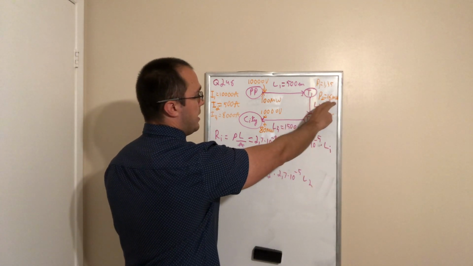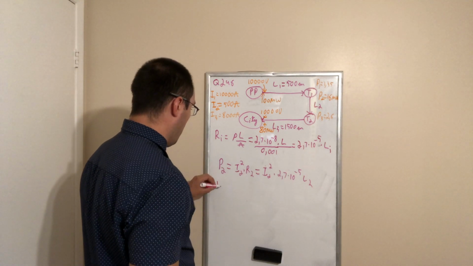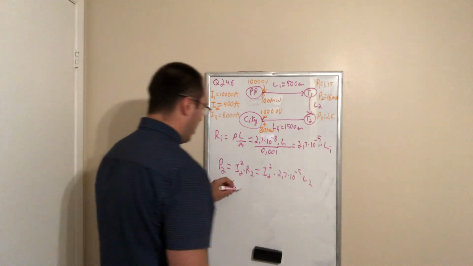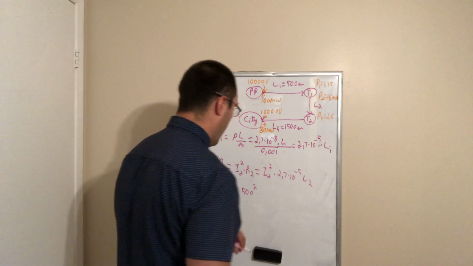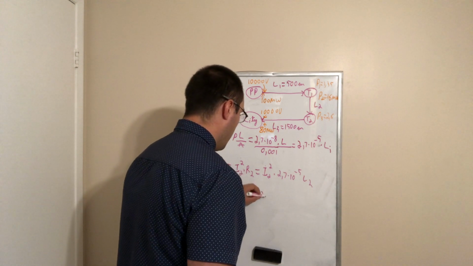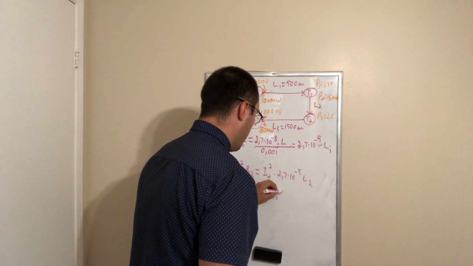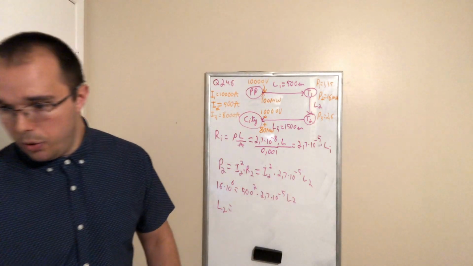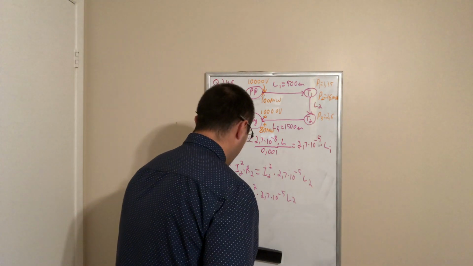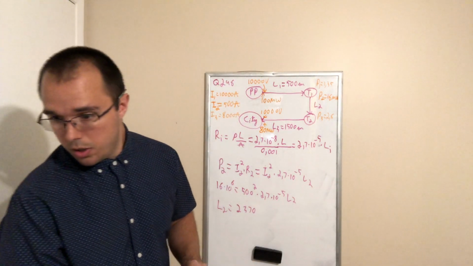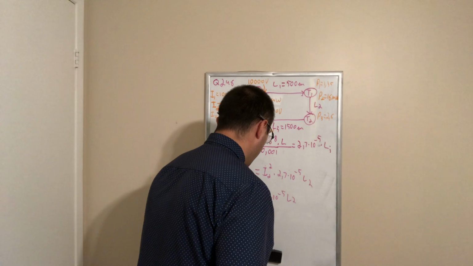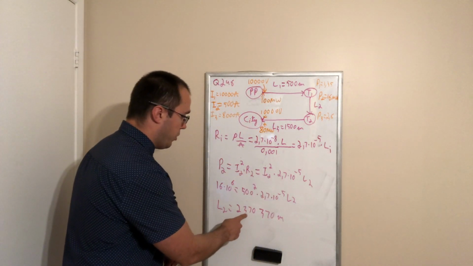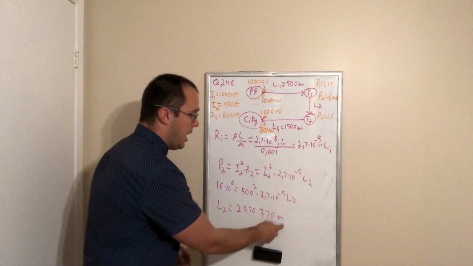It is 16 megawatts, so 16 multiplied by 10 to the power 6. The current is 500 squared. And once we compute everything, we get L2 equal to 2,370,370 meters.